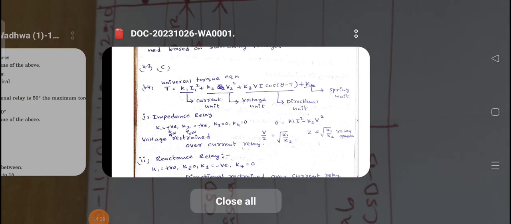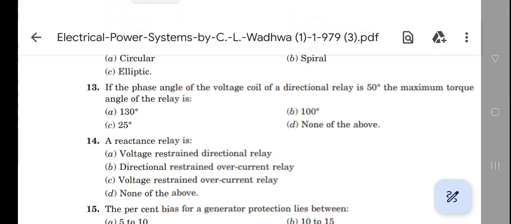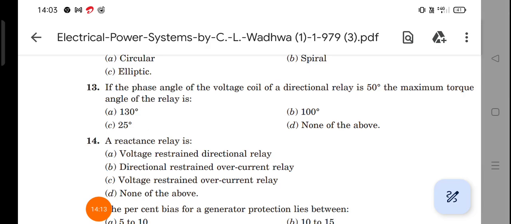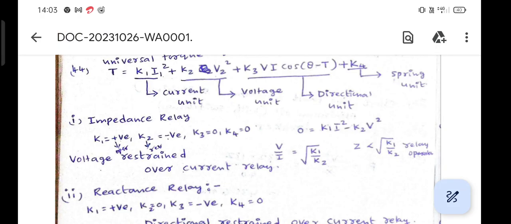See what is given here. Options: voltage restrained directional relay, directional restrained overcurrent relay, voltage restrained overcurrent relay. Now from this equation, K2 is negative and is the voltage term, K1 is the current term, K3 is the directional unit, and the fourth is the spring unit.